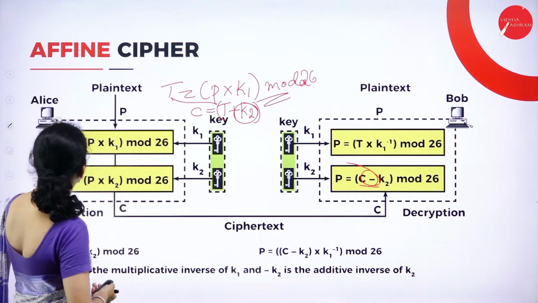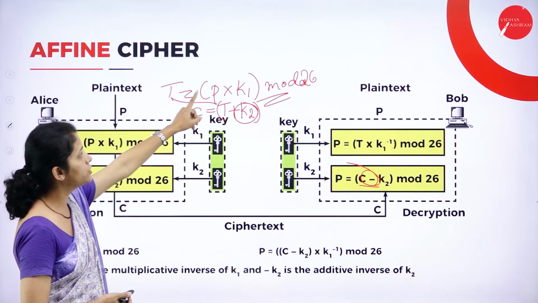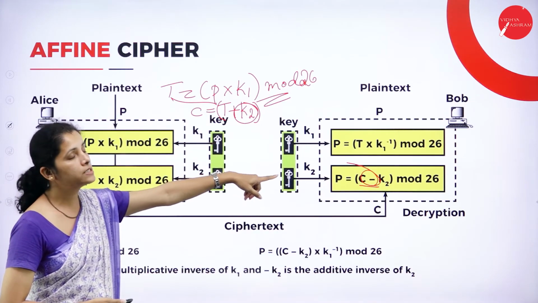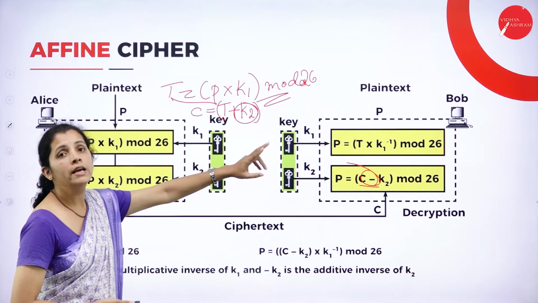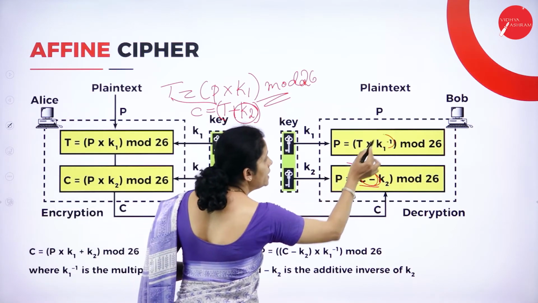So at the sender side, first perform multiplication, then addition, and at the receiver side, subtraction and inverse. Once again I'm going to multiply, but with the inverse key.